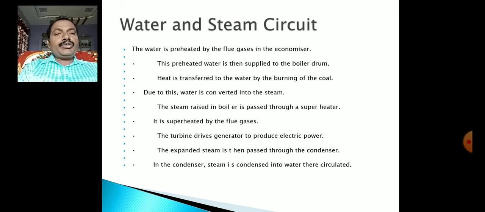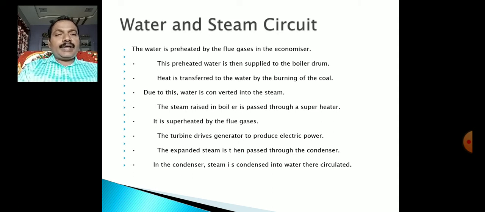The steam raised in the boiler is passed through a superheater, and this superheater is further subjected to hot flue gases.